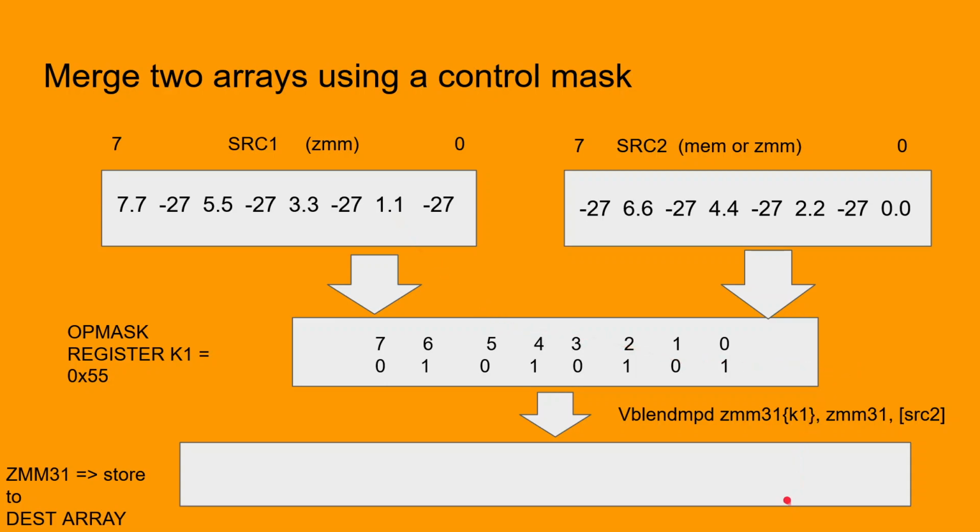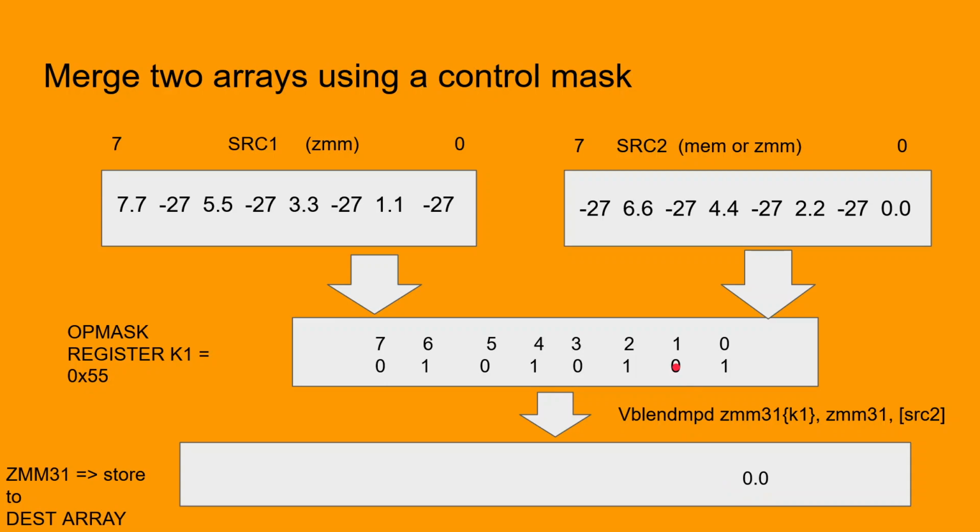As an example, for index 0, the op mask register bit for index 0 is a 1. So the index 0 for the destination will be updated by index 0 of source 2, and we will wind up with a value of 0.0 for index 0 in the destination.